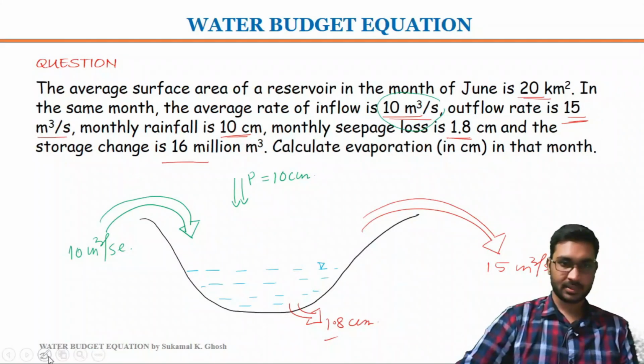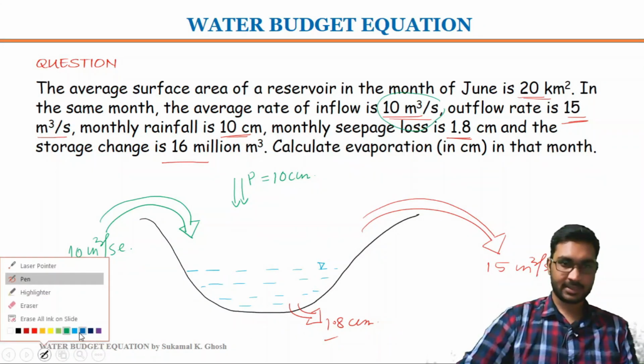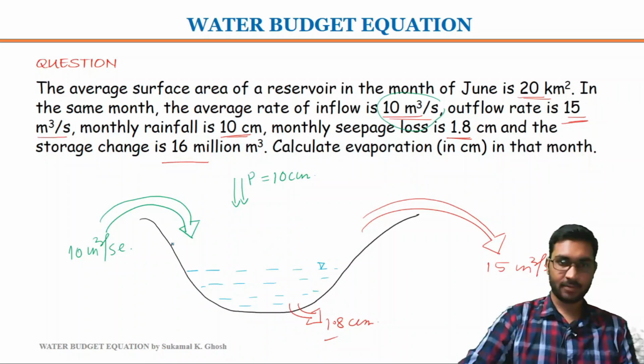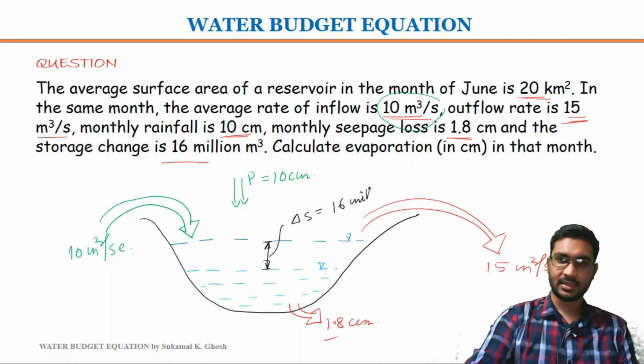Suppose the storage has changed, and right now this is the water table, and this change of storage is our del S, which is equal to 16 million meter cube.